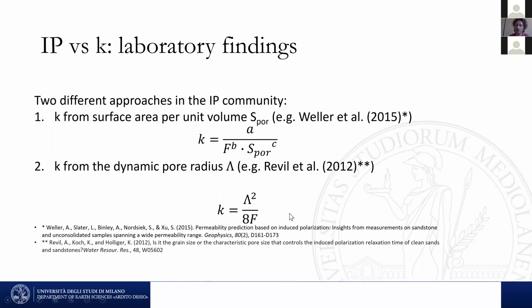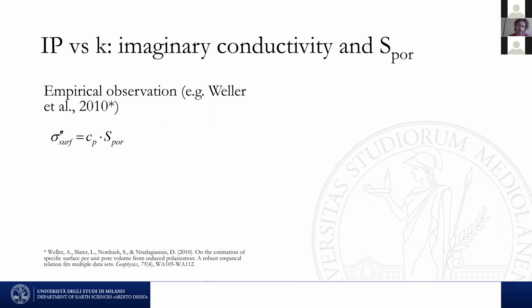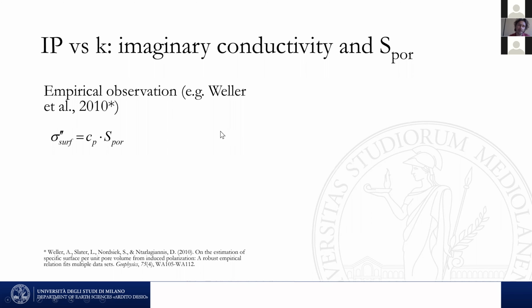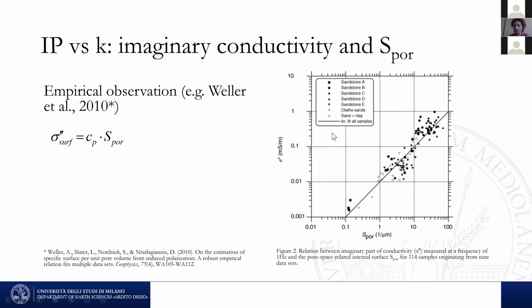These are the two approaches that have been used most in the literature and in lab experiments. How do we link these two approaches to IP? Because neither of these two formulas is directly linked to IP. But for the first approach, the link is that the imaginary conductivity is a good measure of the surface area per unit volume, and this C_P is a constant that works well for many sand and clay samples all around the world.